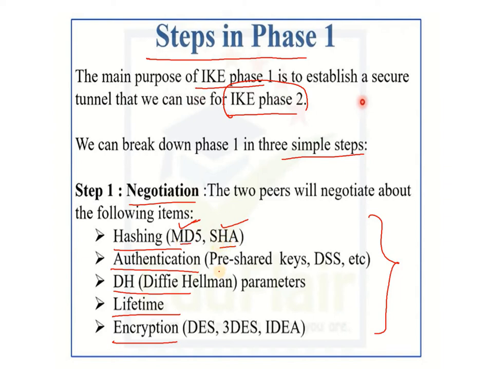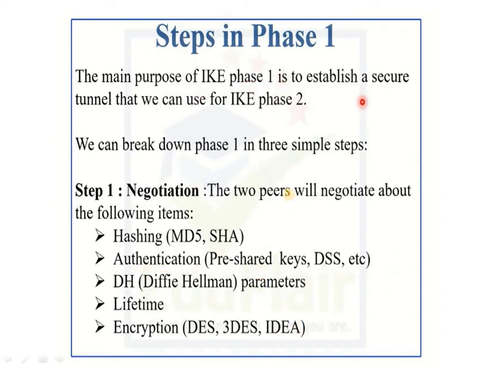Also, there will be negotiation for the authentication algorithm, which key exchange algorithm we need to use, what is the lifetime of our communication, and what encryption algorithm we need to use. All these things will be negotiated between two peers. This is step 1 in phase 1.